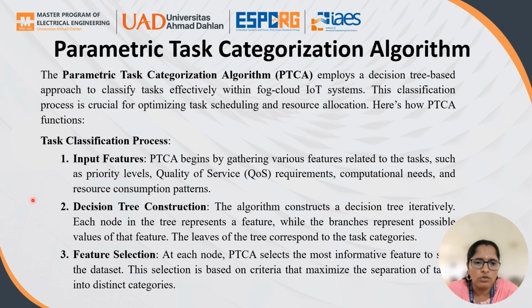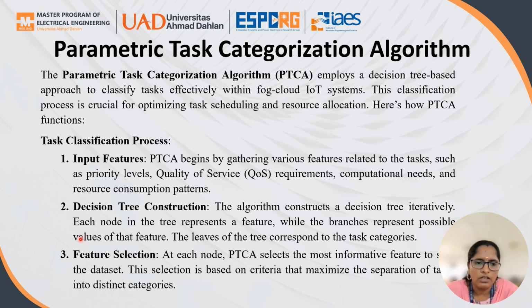Each node in the tree represents a feature, that means the priority, quality of service, and computational needs, while the branches represent the values of those features. Initially the tree is constructed with the nodes. The leaves of the tree correspond to the categorization, whether it is fog or cloud. So this is the construction made in the task categorization algorithm.